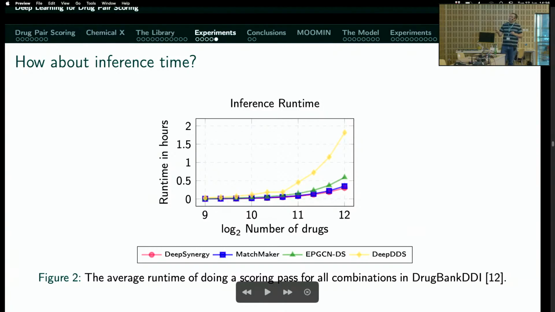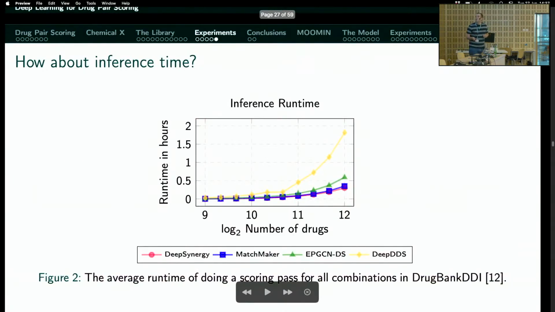We sampled from DrugBank DDI and looked at the runtime, and what this means is that in very limited time, a computational chemist, if you think about this is roughly 1,000 times 1,000, can screen a large number of compounds with something like this.